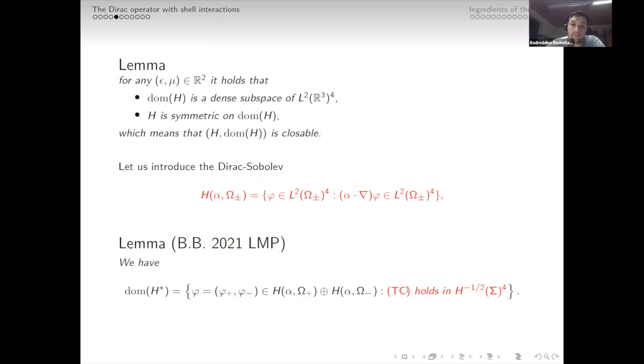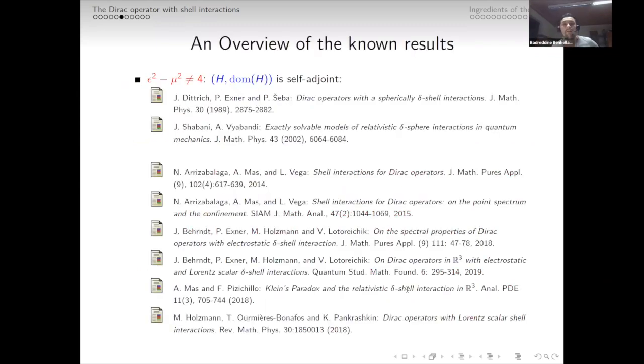All right. Okay, as I said, the story about this shell interaction for the Dirac operator is long. But in the study, there are two particular cases. The first one is called non-critical, and we will see why it is not critical. So the definition. And in this situation, we can show that our operator is self-adjoint.